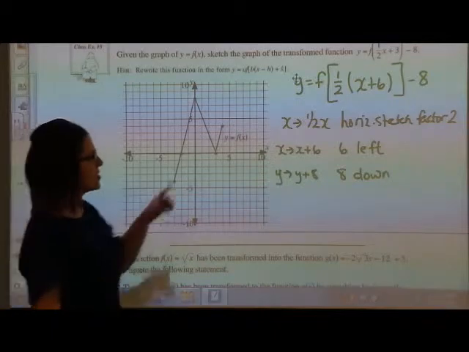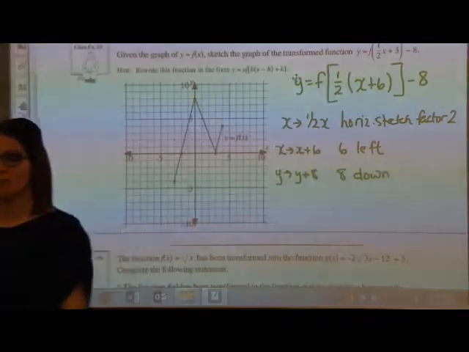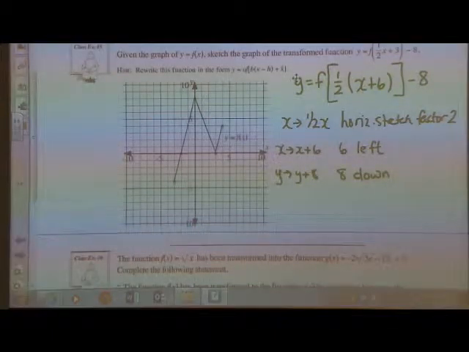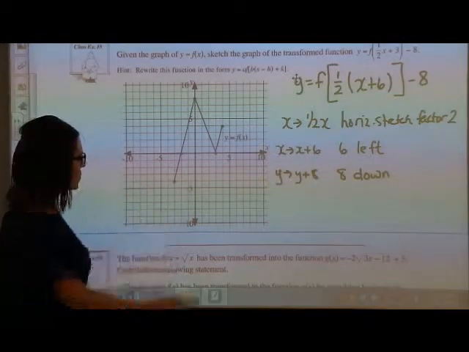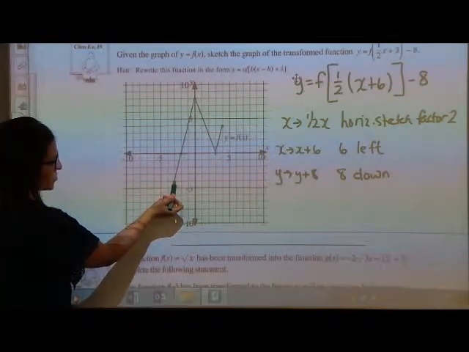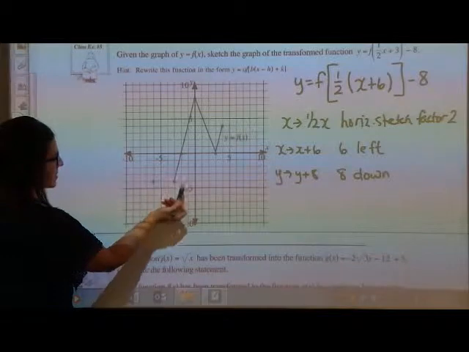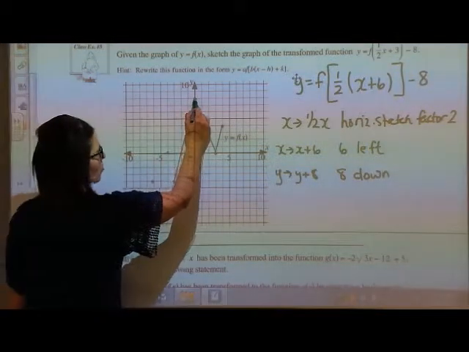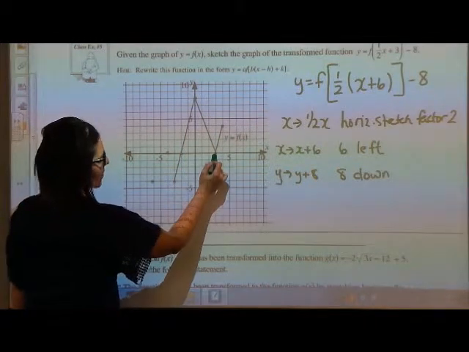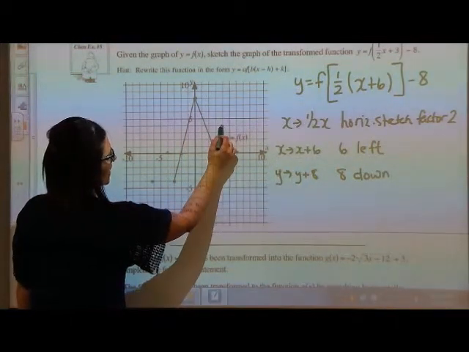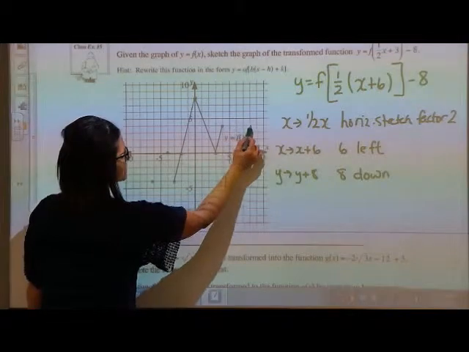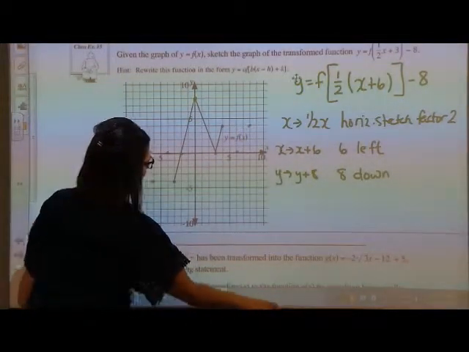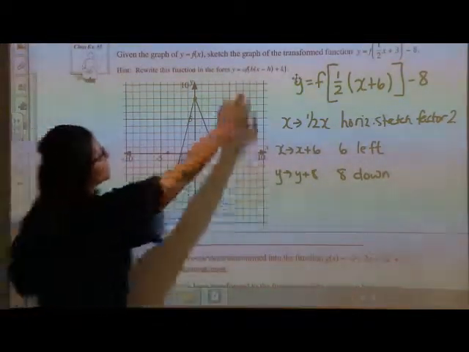So when you go to sketch this, start off by doing the stretch first. Horizontal stretch by a factor of 2. So all of your x coordinates, we're going to stretch. -3 goes to -6. -2 goes to -4. 0 will stay. 3 to 6, and 4 to 8. Then I join these points with a straight line.